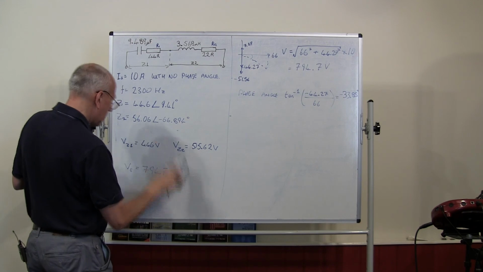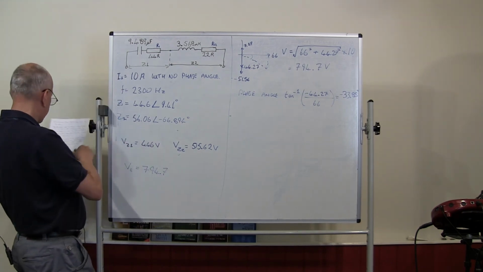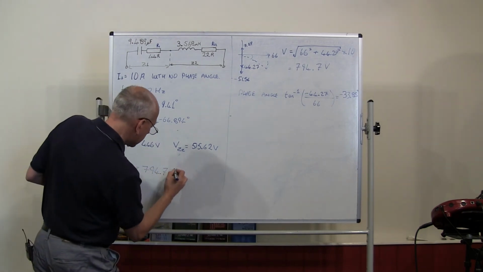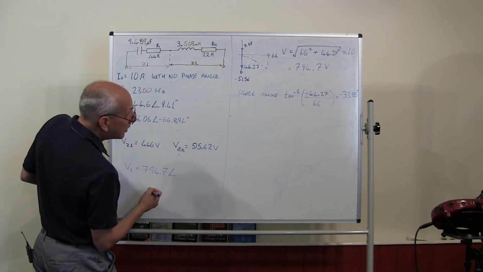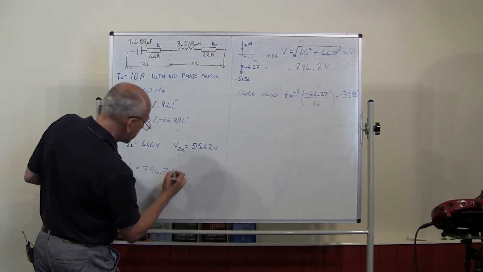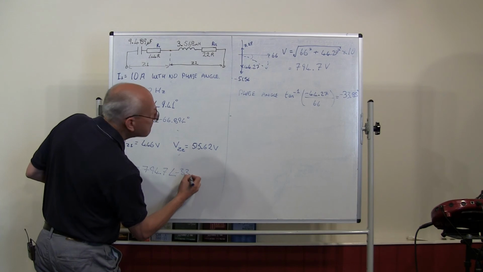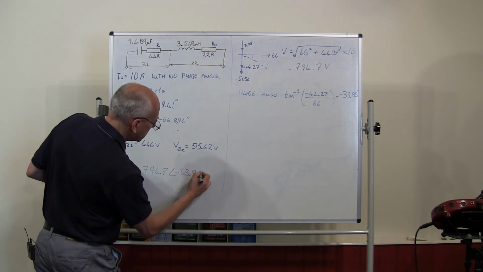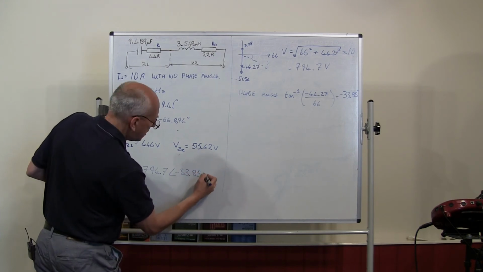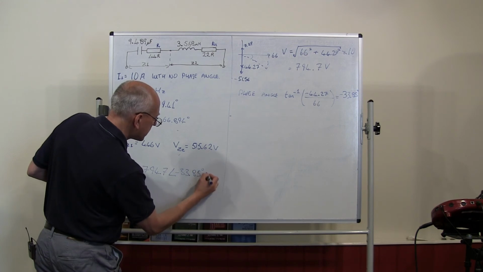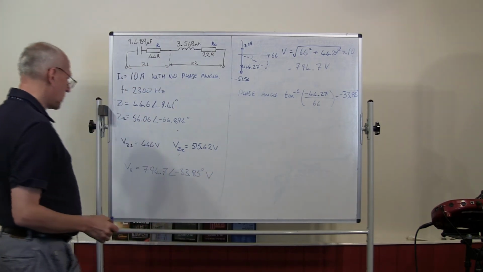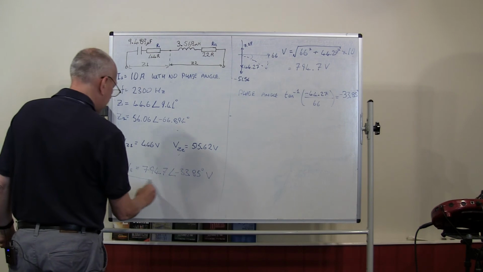Let's do it in polar form, with a phase angle of minus 33.85 degrees, and that's all in volts. So that's my final supply.